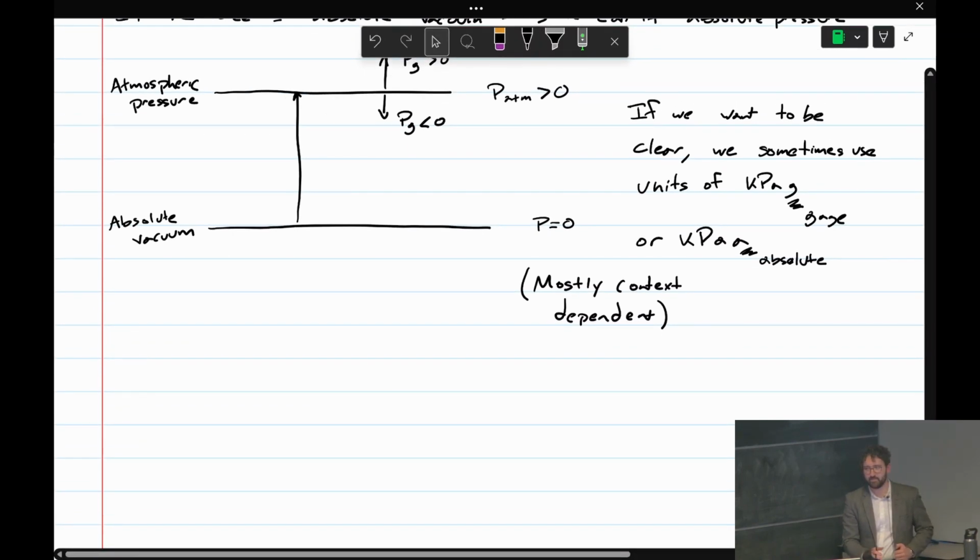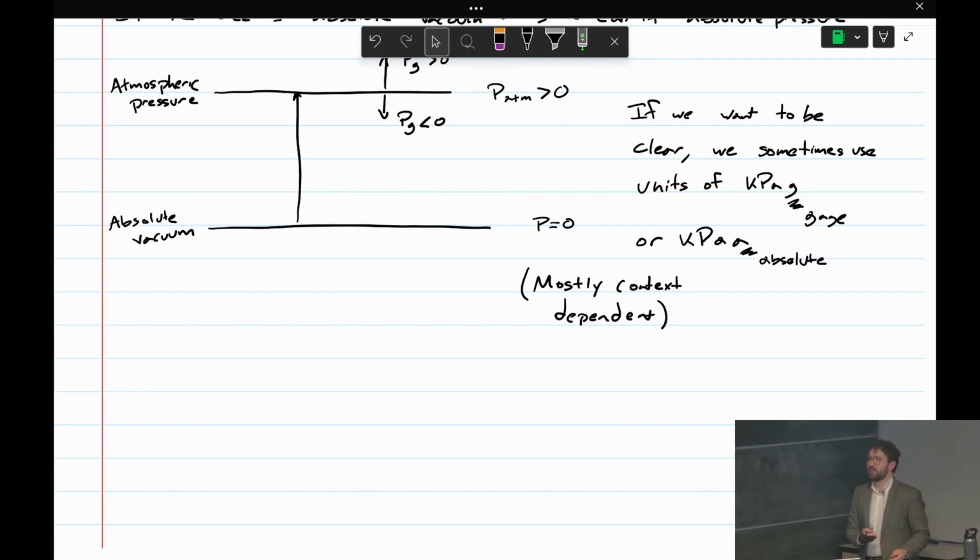Gauge pressure can be positive or negative. If gauge pressure is positive, then it's usually called positive pressure. If it's negative, it's usually referred to as vacuum.